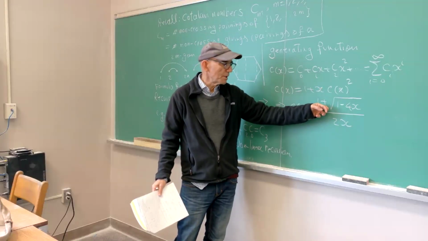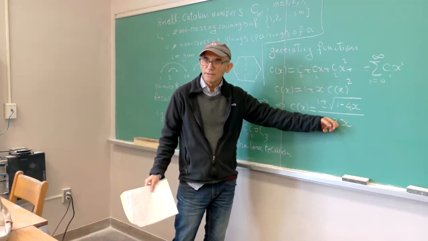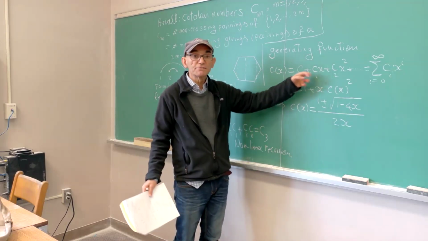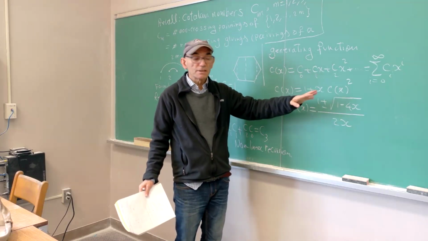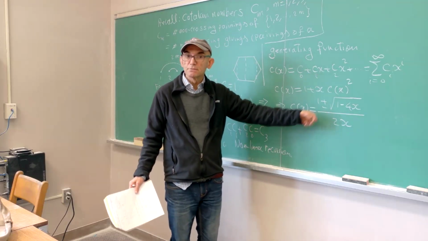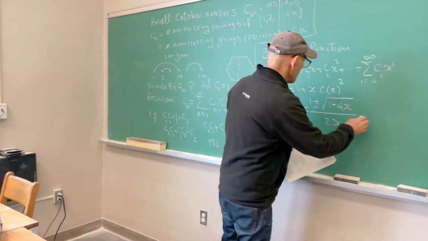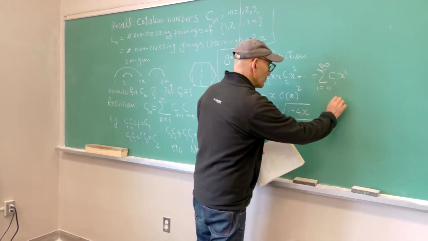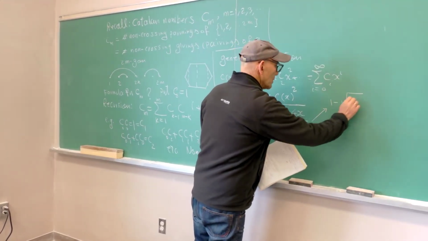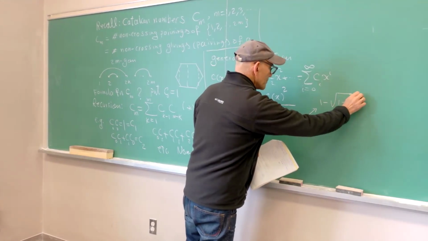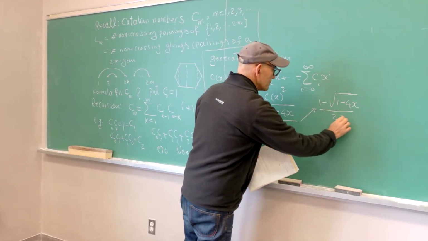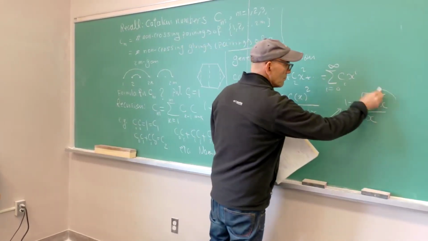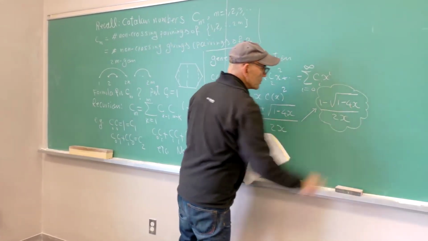If you put plus here, this expression goes to infinity at x equal to 0, so it can never be of this form. So I reject that. I just take 1 minus. So only one of them is acceptable: (1 minus the square root of 1 minus 4x) over 2x. That's the only acceptable solution.